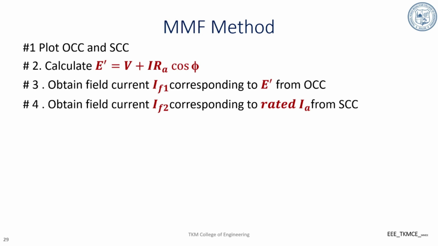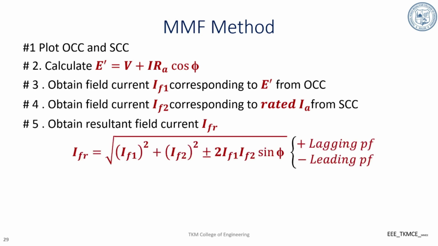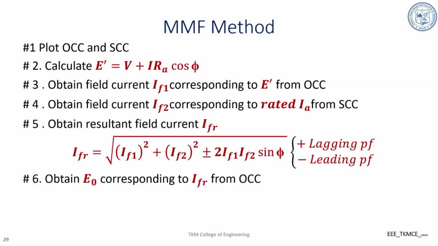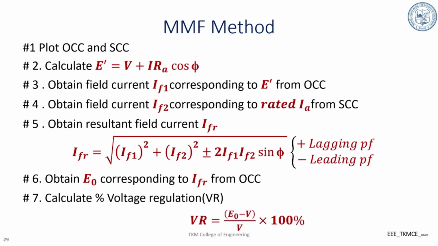Once we have IF1 and IF2, we can calculate the resultant field current using this expression: IFR is equal to root of IF1 square plus IF2 square plus or minus 2 IF1 IF2 sin phi, plus for lagging power factor and minus for leading power factor. Once we have IFR, we need to note E0 from OCC corresponding to IFR. After getting E0, we can calculate percentage voltage regulation by means of this equation.